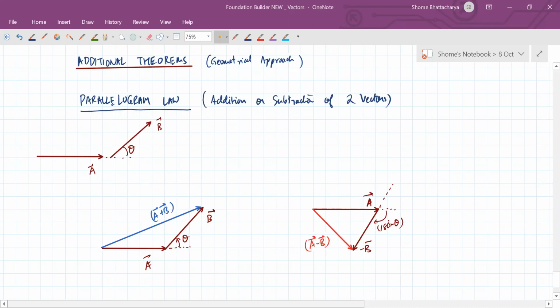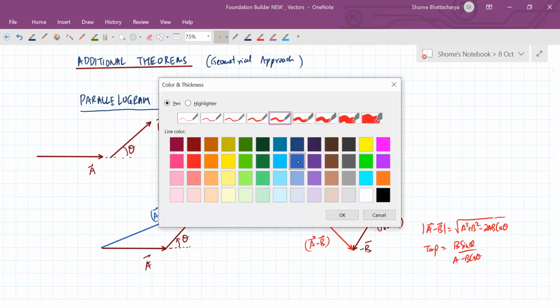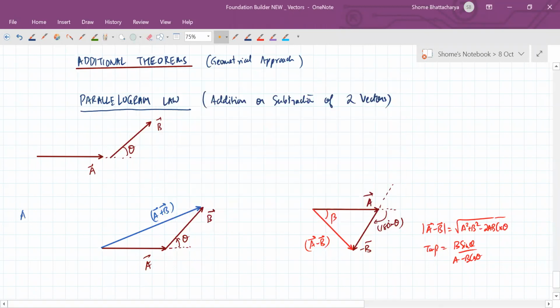We know the concerned formula over here is that mod of A minus B, whereas the formula in the first case for the sum of the vectors was that this is root of A square plus B square plus 2AB cos theta.